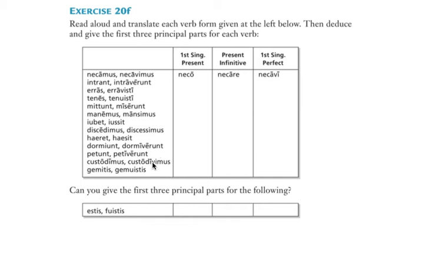The ending here is imus. Once again, i is the it, imus is this erunt. So we're going to stop at the V, and we're going to put custodiv right here and just add on that long I. So this is going to be in this column custodivi. All three: custodio, custodire, custodivi. And that is all there is to this exercise.